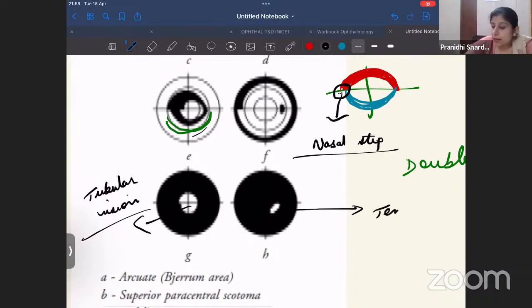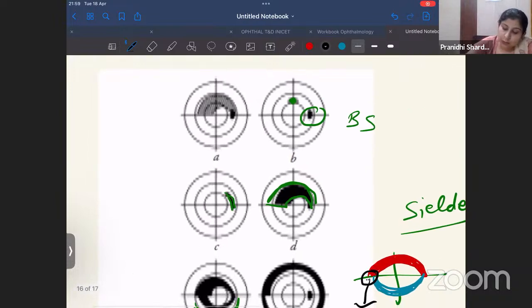It is the temporal island. Don't get confused with this first image. This is not showing the arcuate scotoma. This first image is basically showing the Bjerrum's area. The 0 to 30 degrees part from the blind spot is normally the Bjerrum's area, which is shown in this diagram.